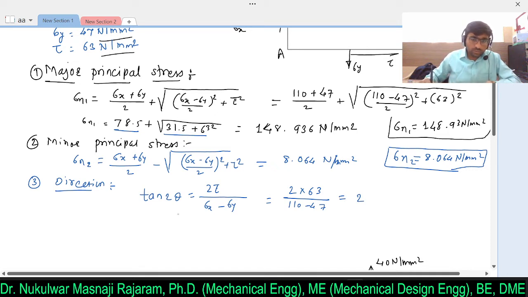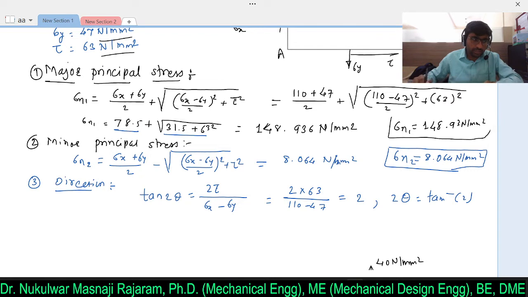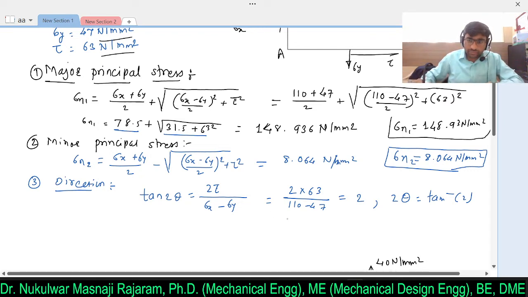Then 2 theta equals tan inverse of 2. So tan inverse of the answer is 63.47, and when we evaluate for theta, it will be divided by 2, so it is near about 31.71 degree. Clear? So this is the location of major principal stress.